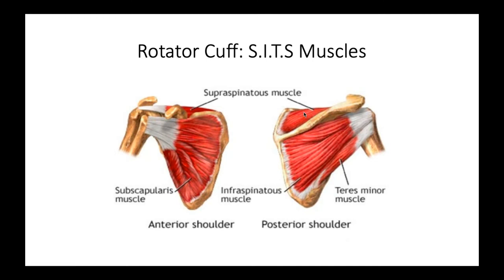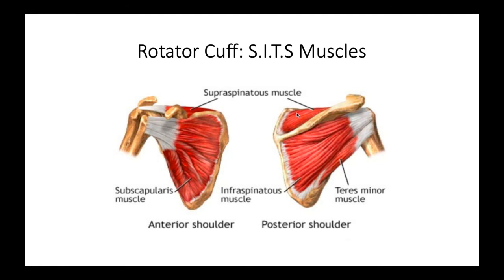The way we would assess that is through a test called Codman's drop arm test, where I would ask my patients to bring their arm up, or I passively bring the arm up for the patient. I'm holding it for them, and then when I let go, they should be able to hold their arm in an abducted position. But if they can't and the arm falls down, that's a positive test indicating a very likely torn rotator cuff.